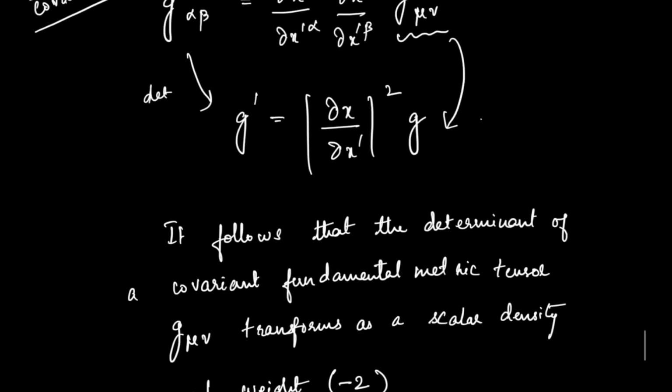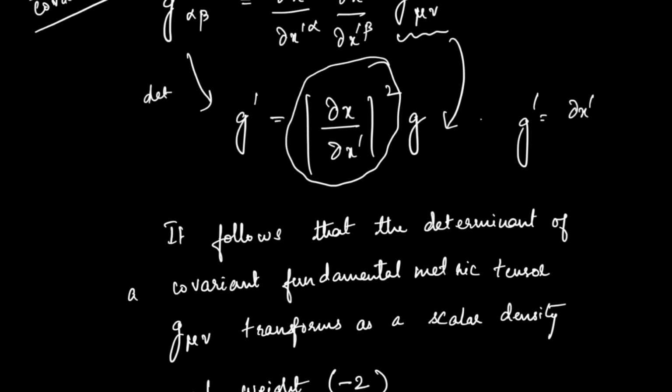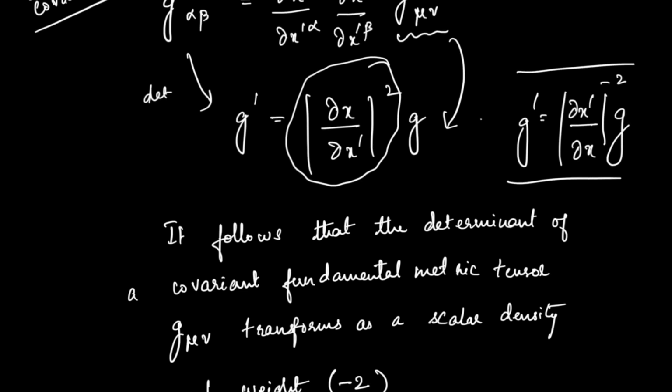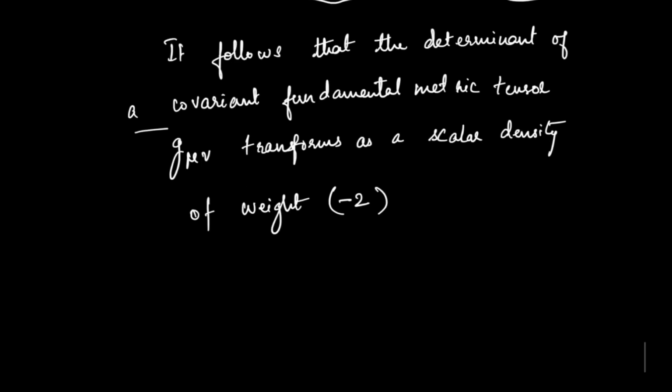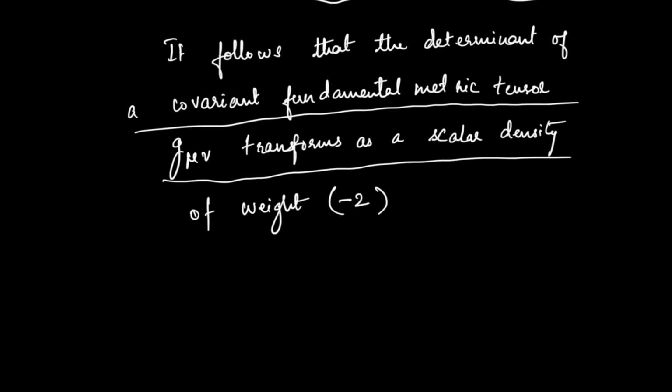Okay, because here it is in the inverse form. So I can write G prime is equal to the partial derivative of x prime with respect to x whole raised to minus 2 times G, right? So a covariant fundamental metric tensor G mu nu transforms as a scalar density of weight minus 2.